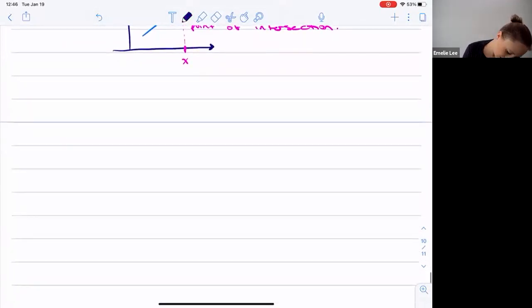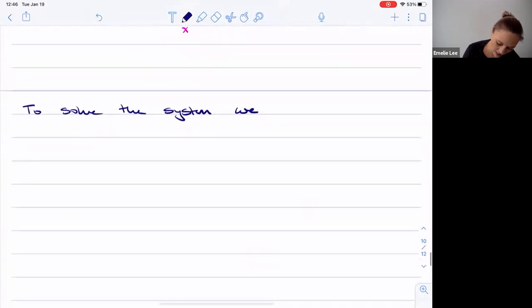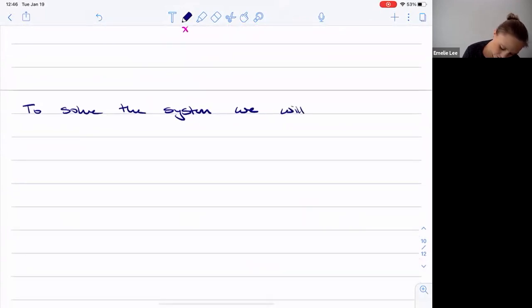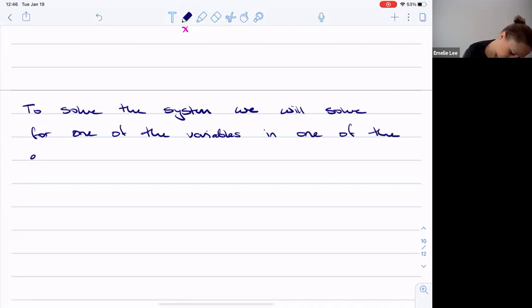So to solve the system, we will solve for one of the variables in one of the equations, pick the easiest one.